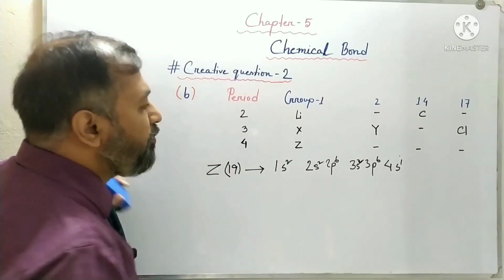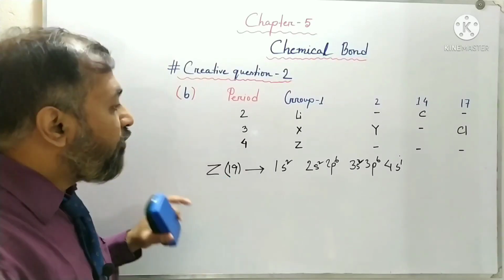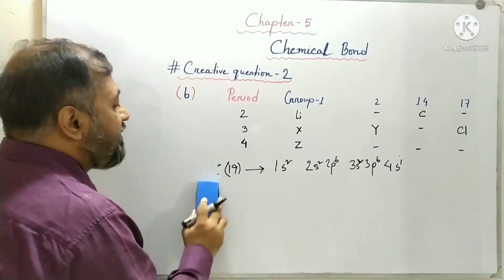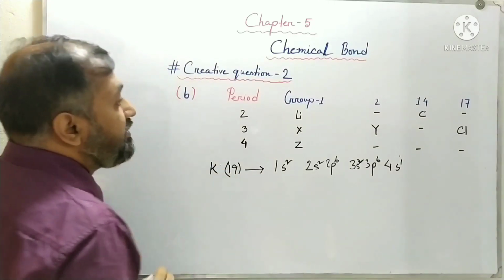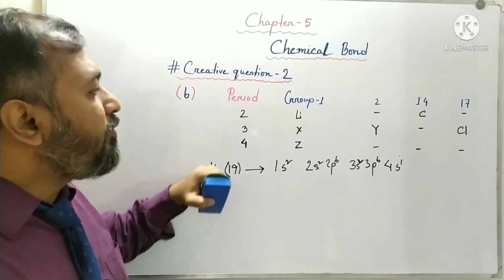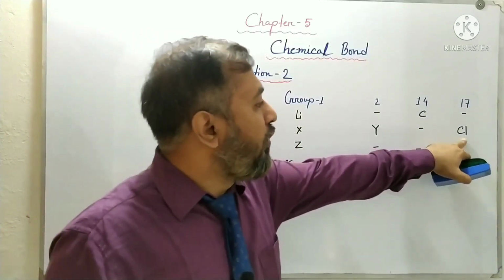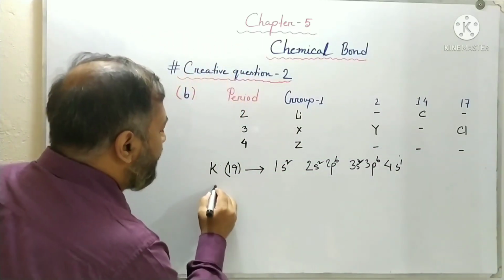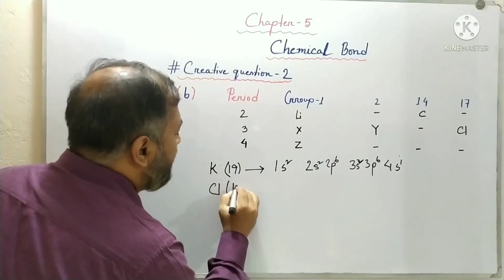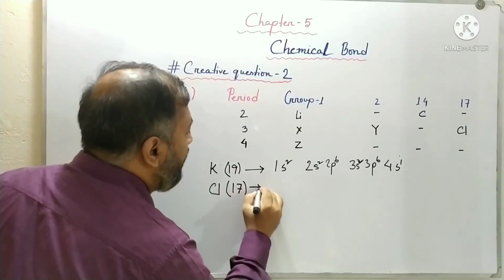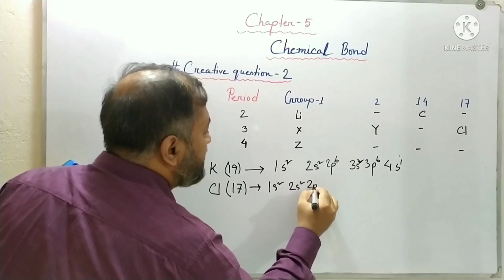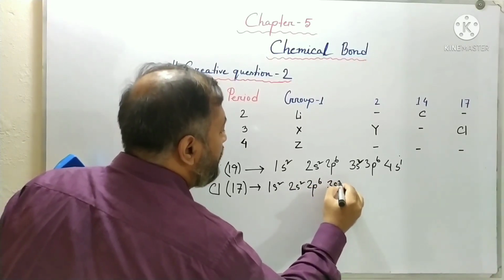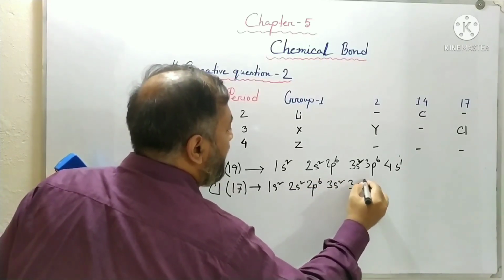So what could it be? From the electronic configuration, we can be certain that this is potassium. Now come to the second element, which is chlorine. I'm going to write down the electronic configuration of chlorine. You can see 1s2, 2s2, 2p6, 3s2 and 3p5.